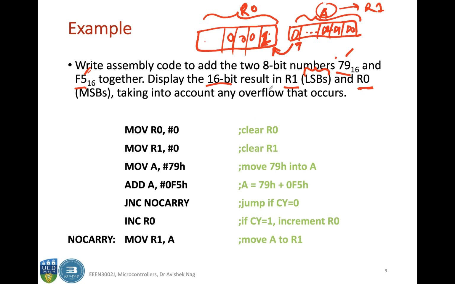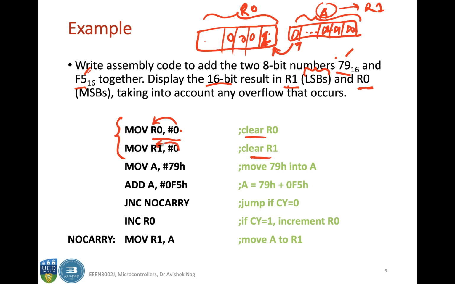The way you can write this type of code is, first, it's already mentioned that R0 and R1, these two registers will be required, so you initialize these two registers by clearing them, which is equivalent to moving a 0 to these registers.